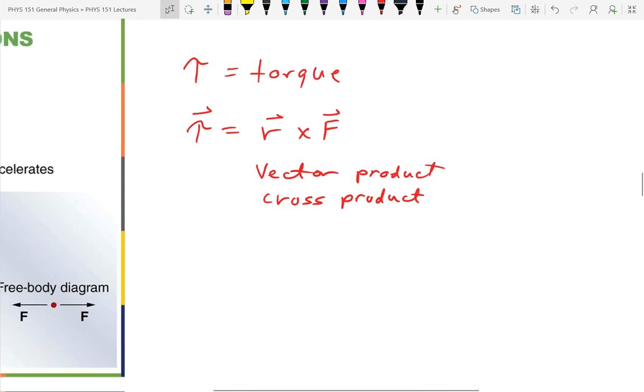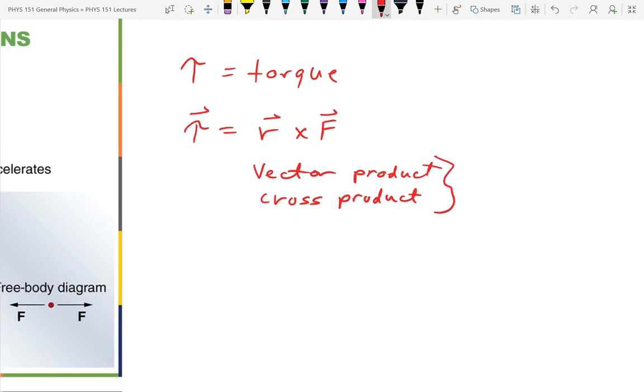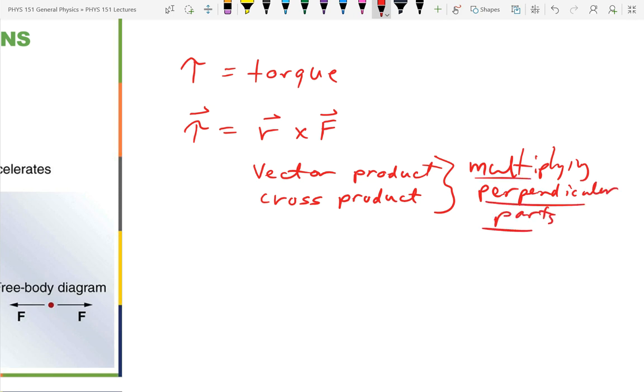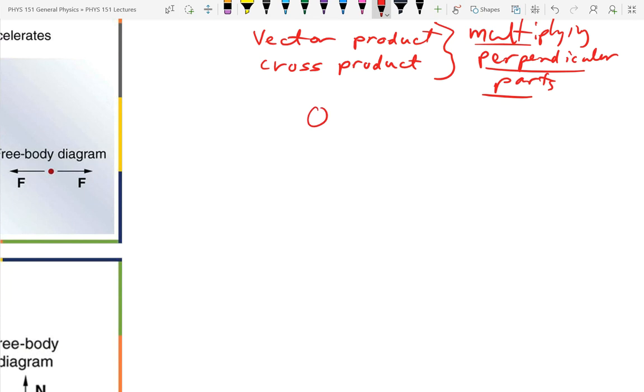Either one is sufficient. It is multiplying perpendicular parts, and it has a direction to it. Right now, I'm only going to focus on the perpendicular parts, and then we'll get to the direction in 10 minutes or so.